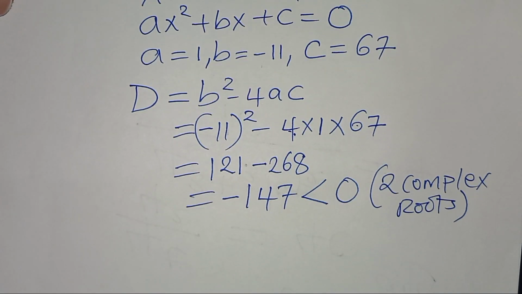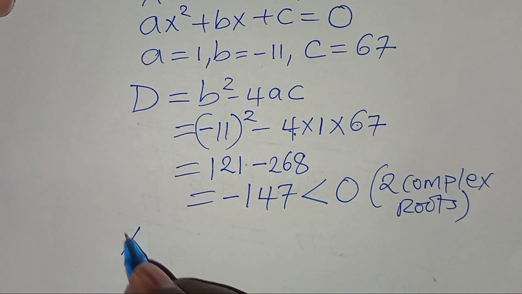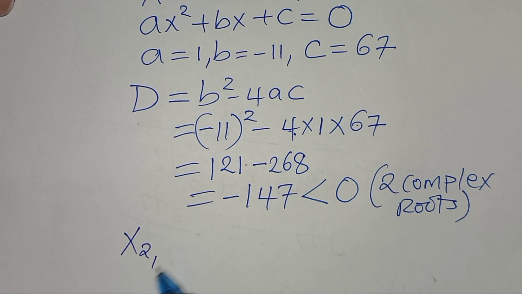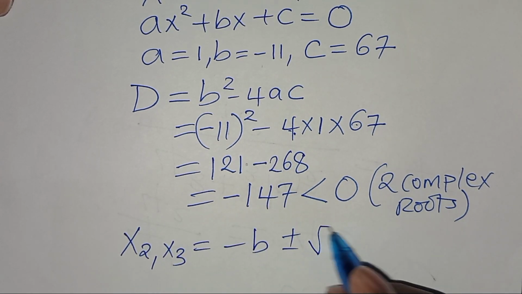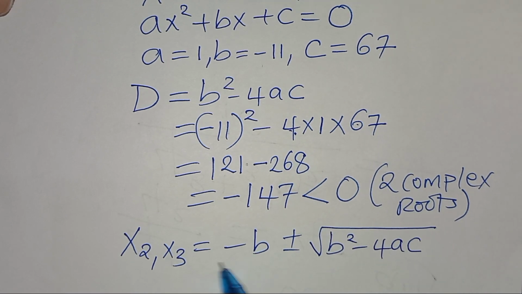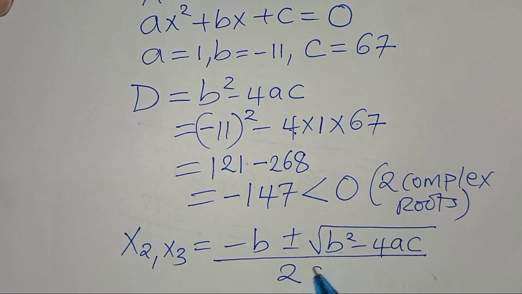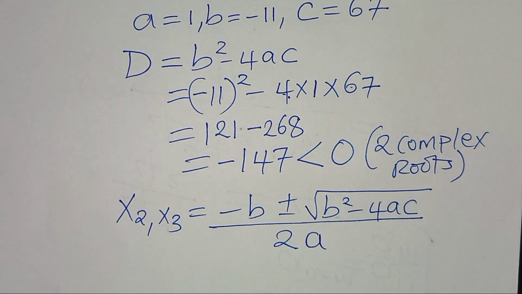We can solve these two complex roots by applying the quadratic formula, which gives x2 and x3 equal to negative b plus or minus the square root of b squared minus 4ac, all divided by 2 times a. So the next step, let's substitute the values of a, b, and c.